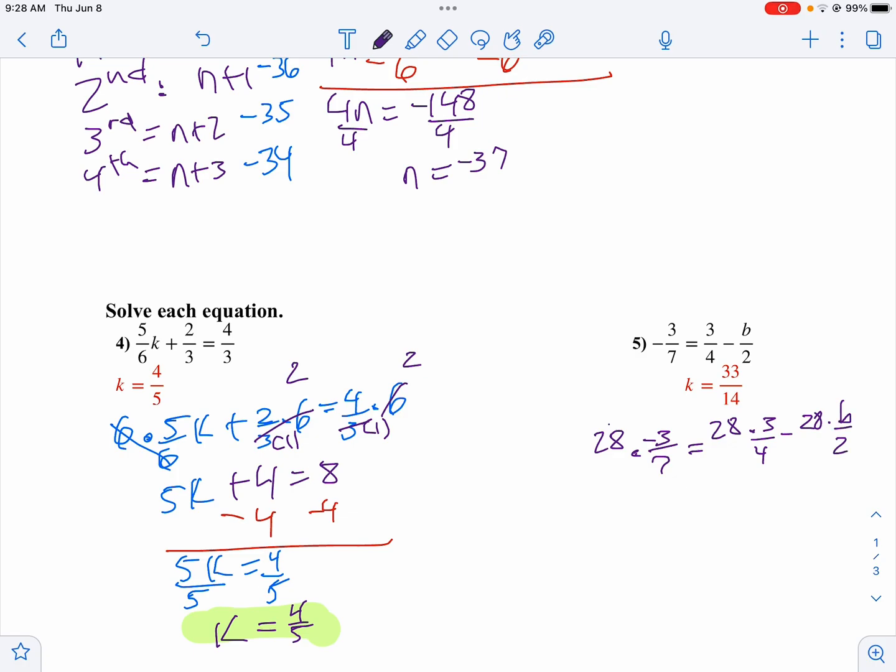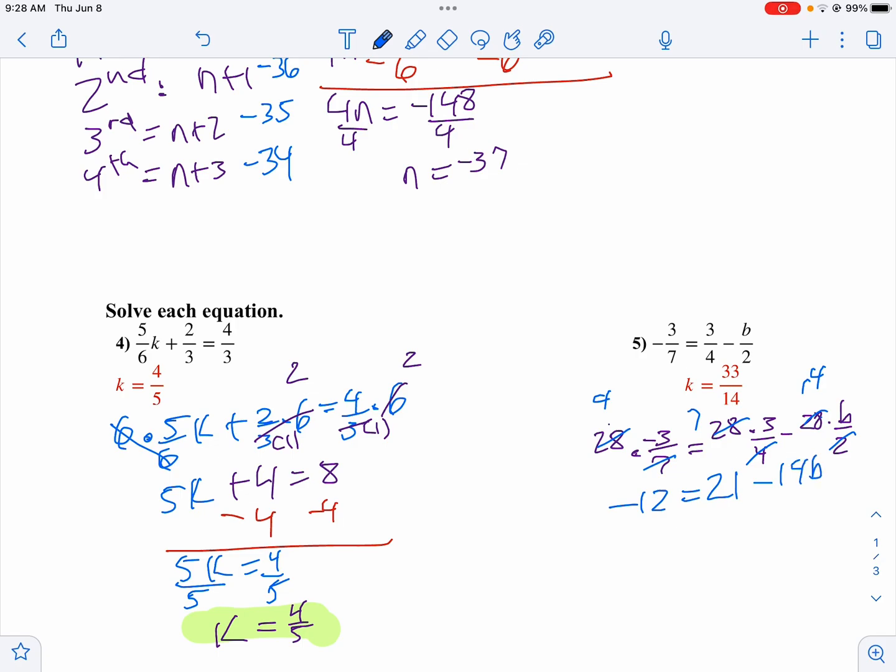Well, 7 goes into 28 4 times. 4 times negative 3 is negative 12. 4 goes into 28 7 times. 7 times 3 is 21. Minus 2 goes into 28 14 times, so minus 14b.